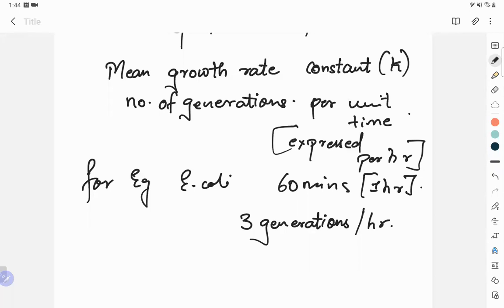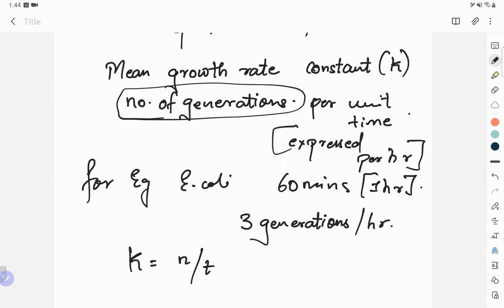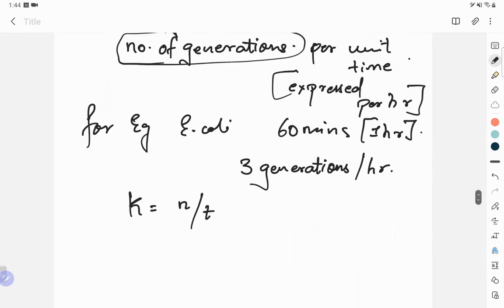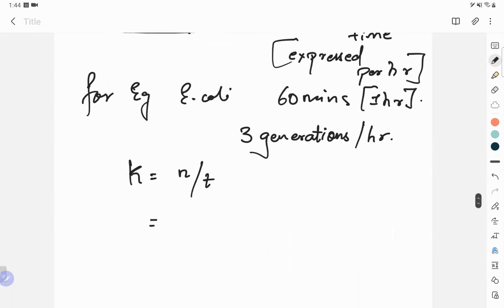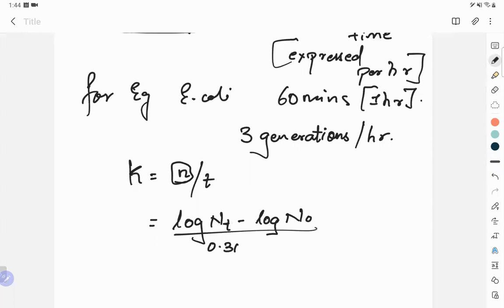Okay. So please understand that k is expressed as small n by t. Small n is number of generations, okay, per unit time. So if I have to substitute this, what was the small n formula? Small n formula was log of Nt minus log of N0 upon 0.301.